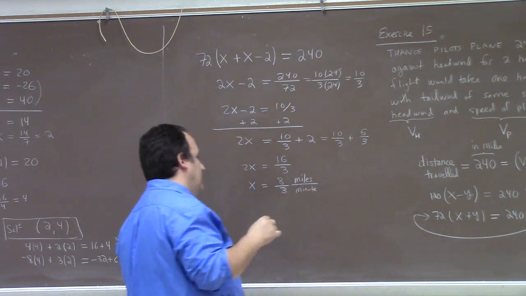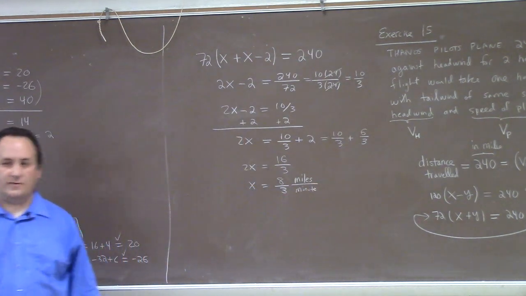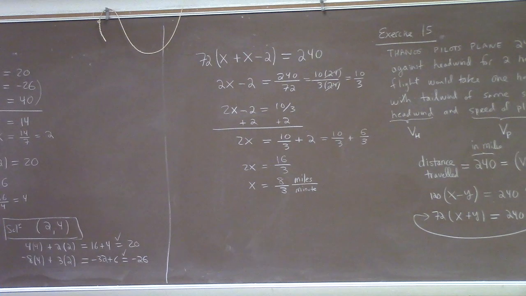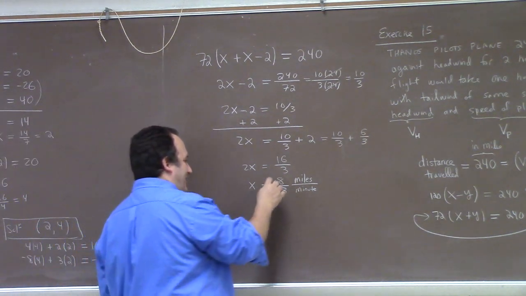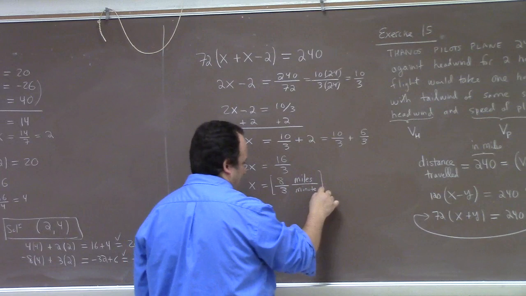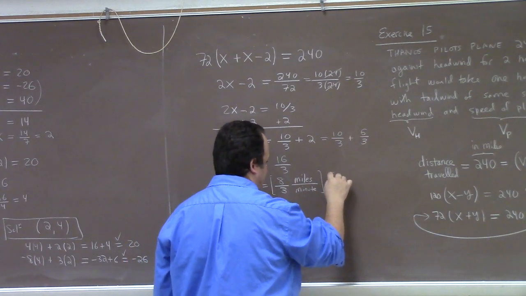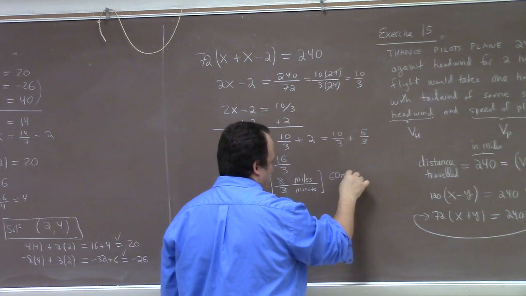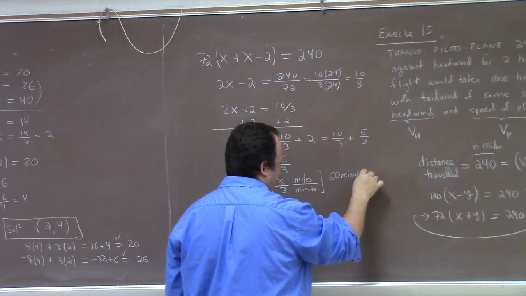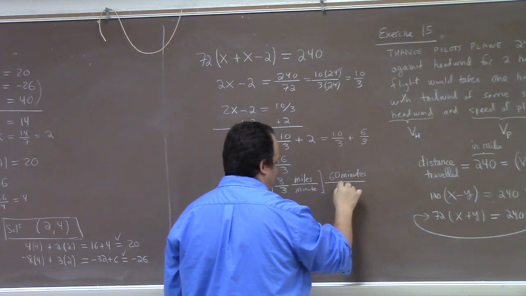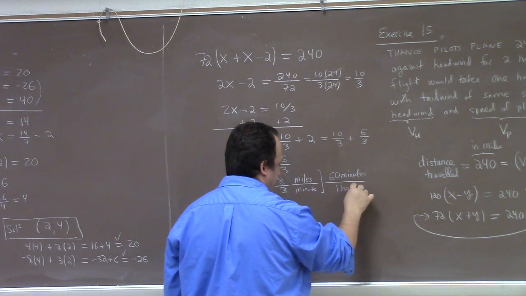What if you wanted to write your answer in miles per hour? How would you fix it? How would we convert to miles per hour? Right, 60 minutes is equal to what? 1 hour. Yep, that's our conversion factor.